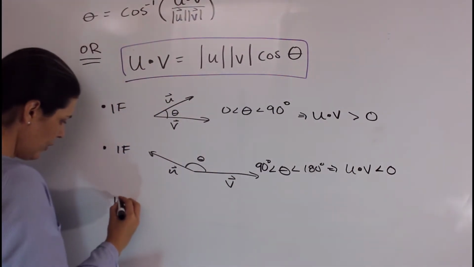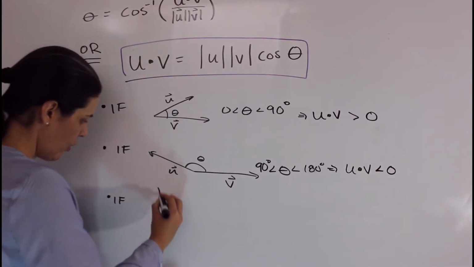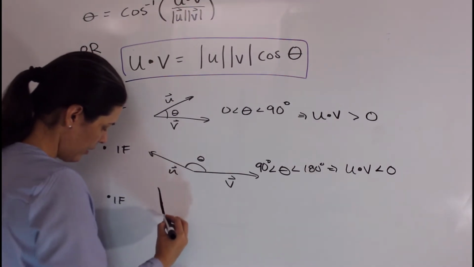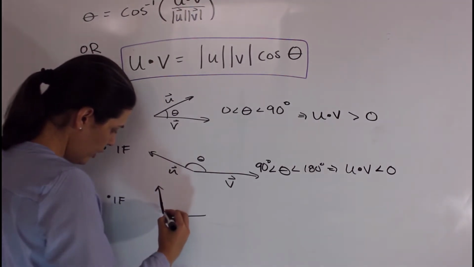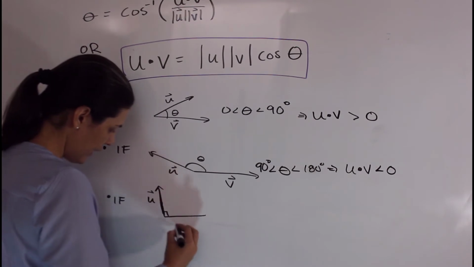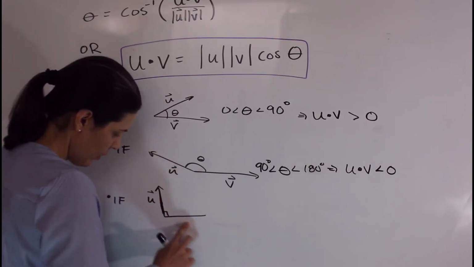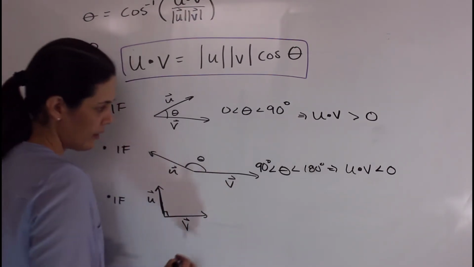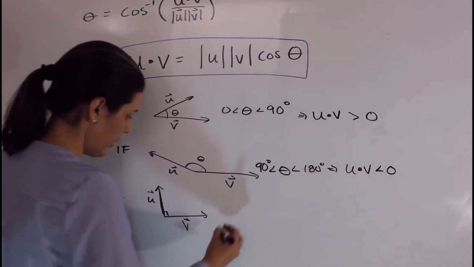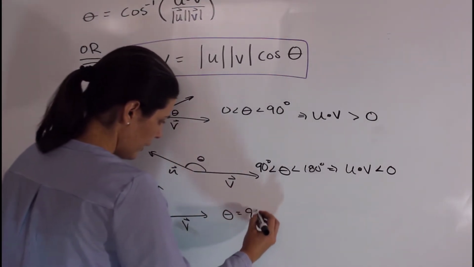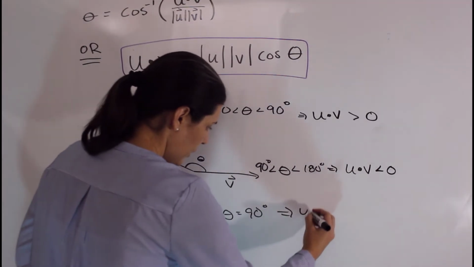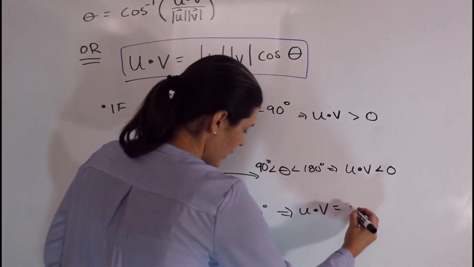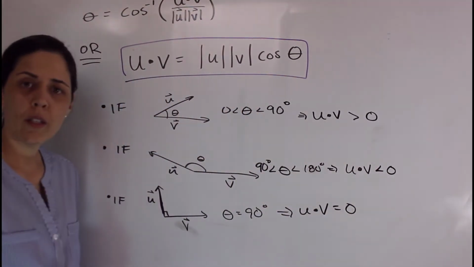Now you might already figure this out. What if theta is 90? What if your angle between your two vectors is exactly 90 degrees? Well, you probably guessed it. 0, your dot product. So theta equals 90, so u dot v equals 0.